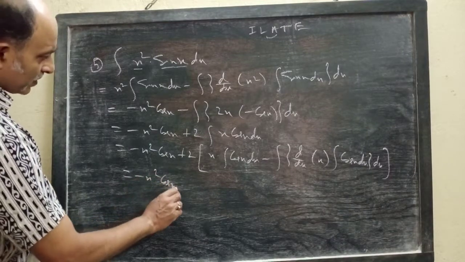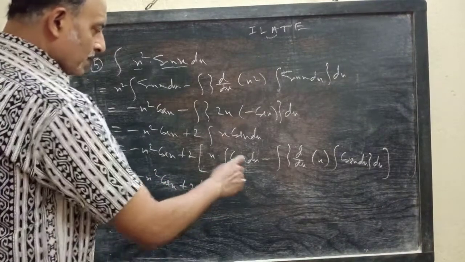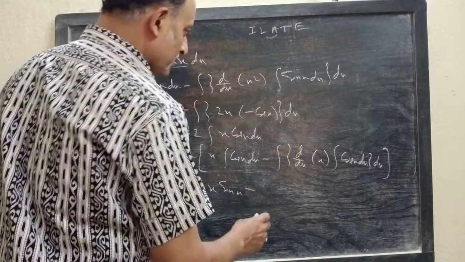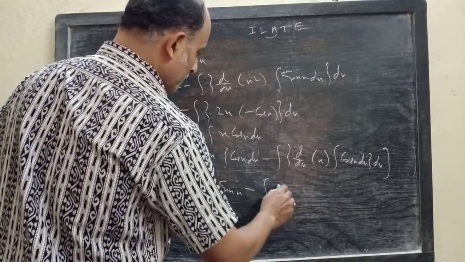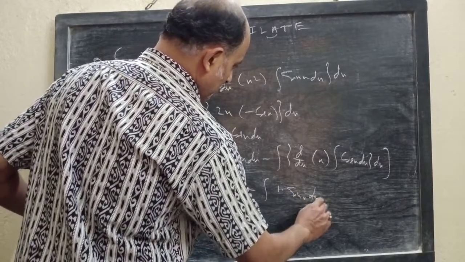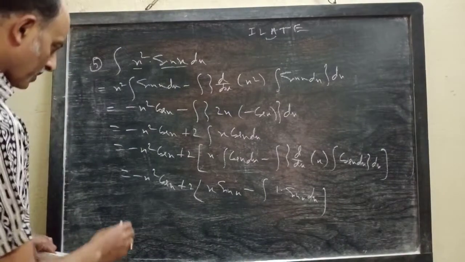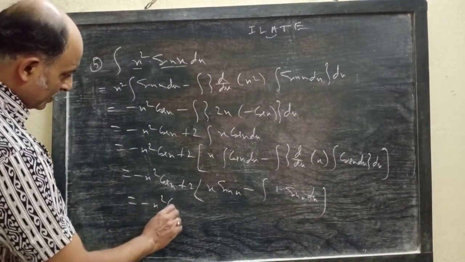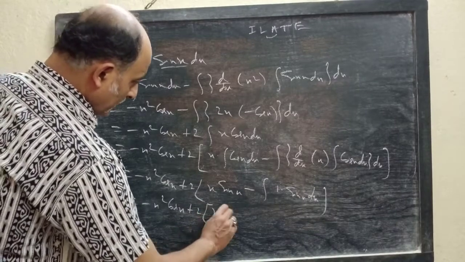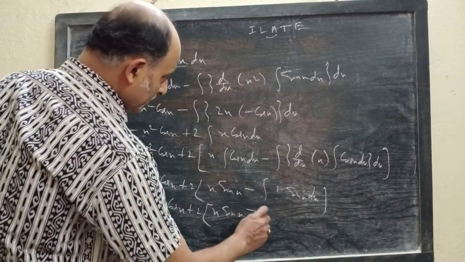Minus x square cos x plus 2. This is sin x, so x sin x minus integration, this is 1, this is sin x dx, third bracket closed. So minus x square cos x plus 2 into x sin x.